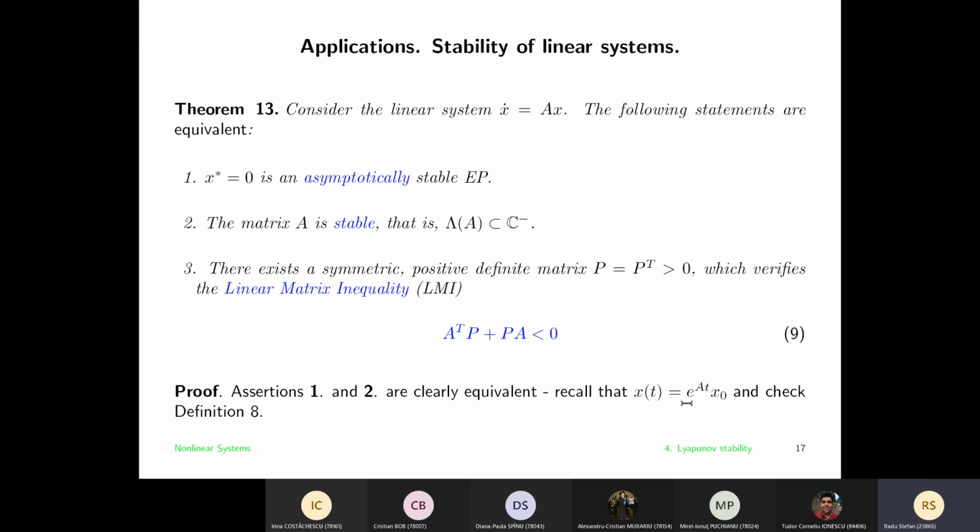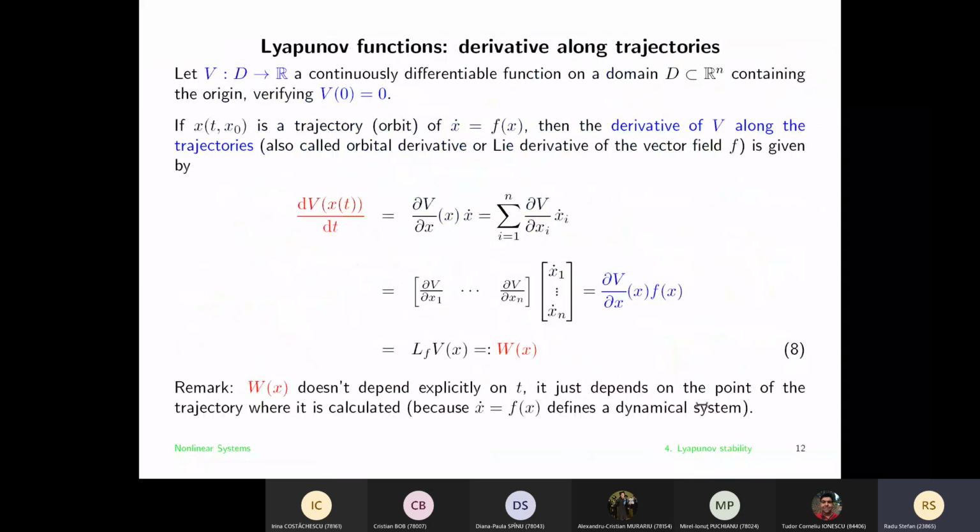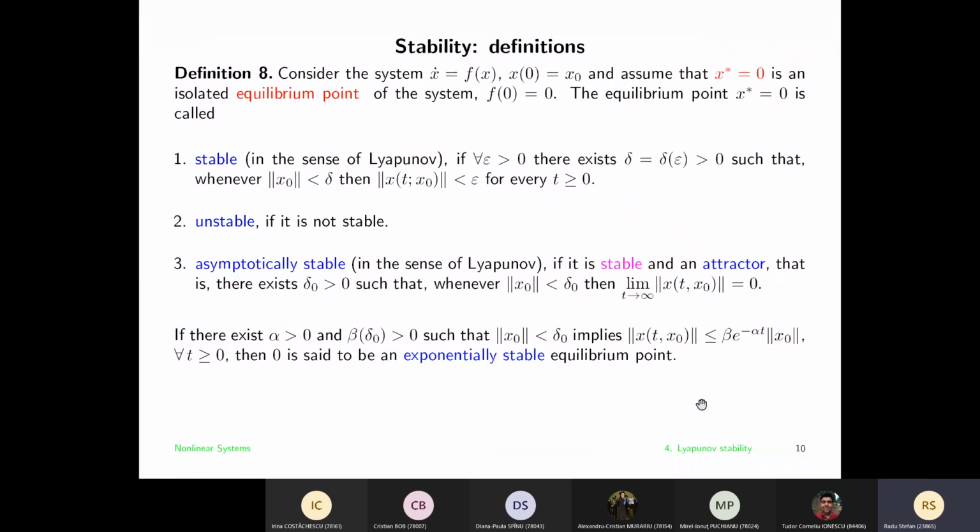And remember, we called it internally stable. It was not the stability regarding bounded input, bounded output, from the perspective of the input-output way of looking at the system through its transfer function. We said that x of t goes to 0 when t goes to infinity. But this was nothing else than writing that the origin is an attractor.